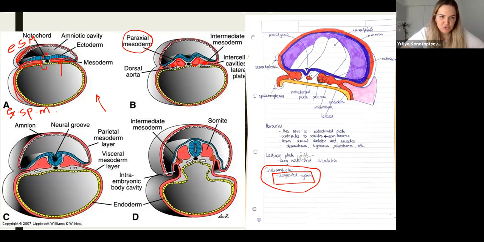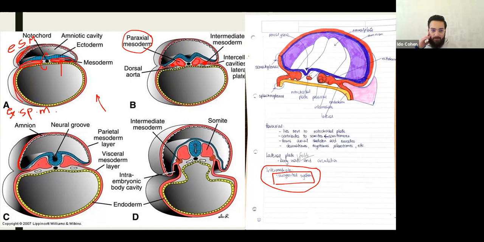Remind me which tissue is here? The extra-embryonic somatopleuric mesoderm. How are you going to call this part of the V? What do you think? Somatopleural mesoderm.